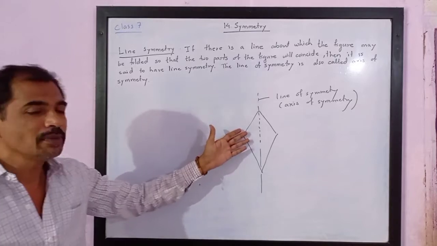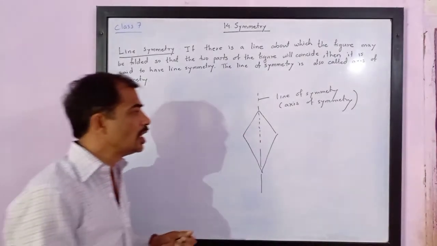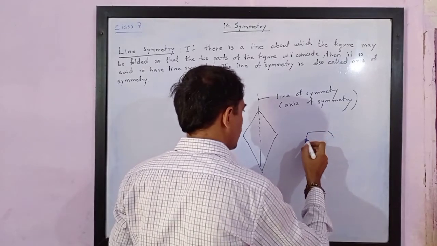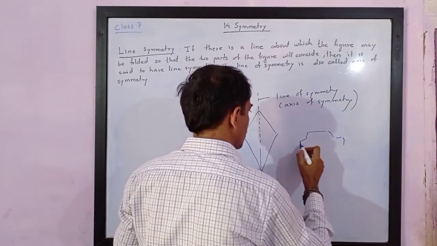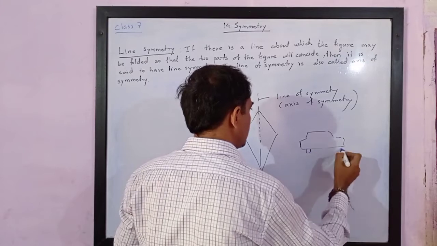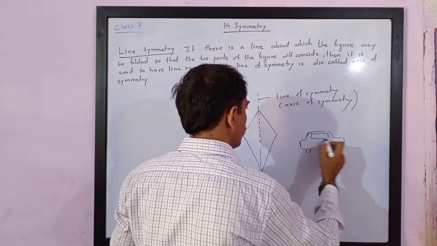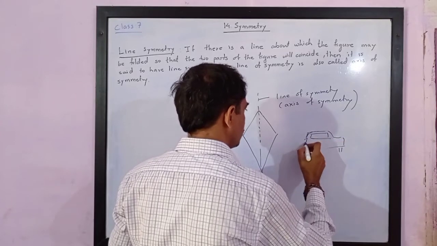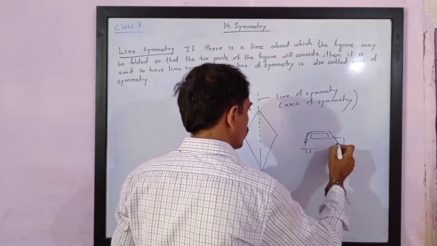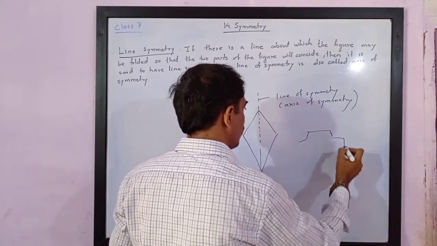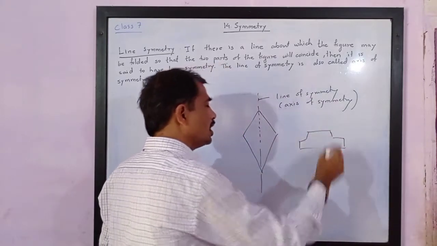You can see, we have seen many objects in our life. If you see the picture of a car, the front view of the car, you will notice that it is having a line symmetry.